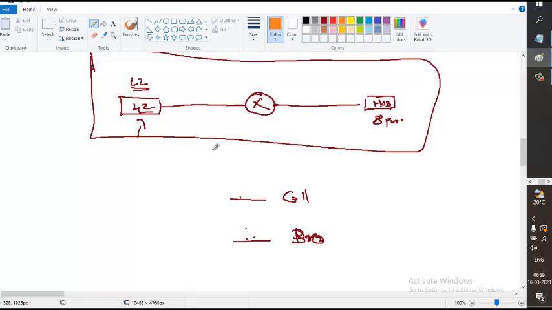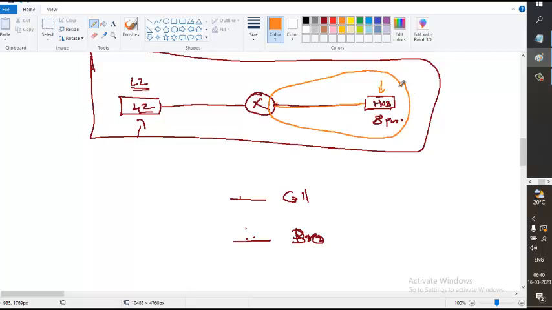Okay, let me help you with this. We know the hub has got one collision domain and one broadcast domain. Because you're connecting hub up to here, up to here is one collision domain and one broadcast domain.